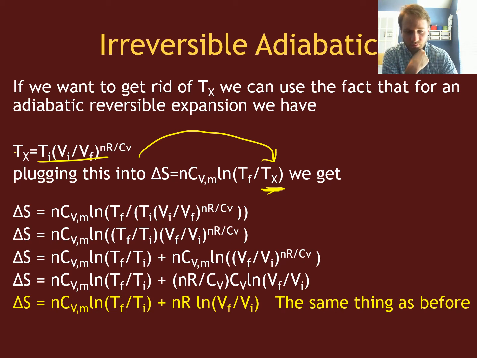So first thing we can do is factor out T final over T initial, right? ln of x times y is just the ln of x plus the ln of y. So I have NCVM ln of T final over T initial plus NCVM ln of V final divided by V initial to the NR divided by CV.